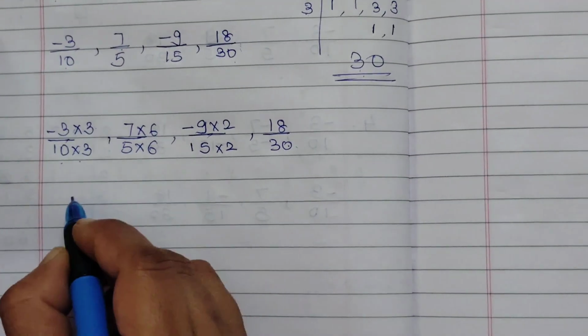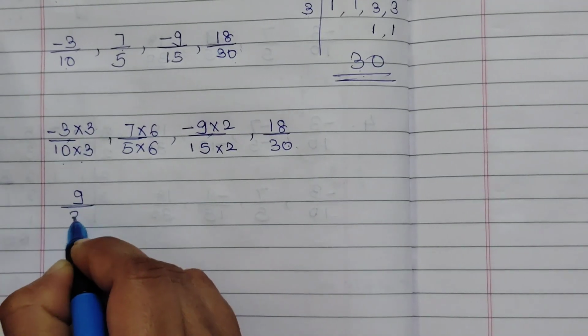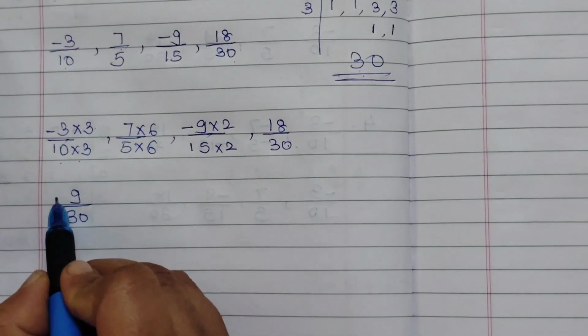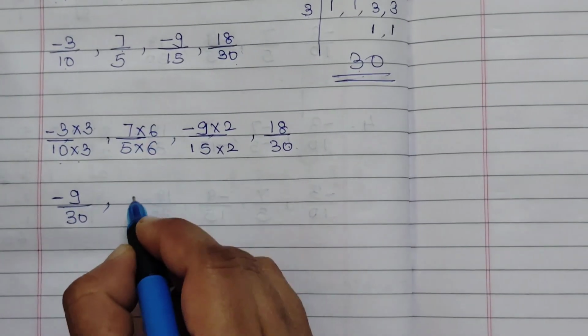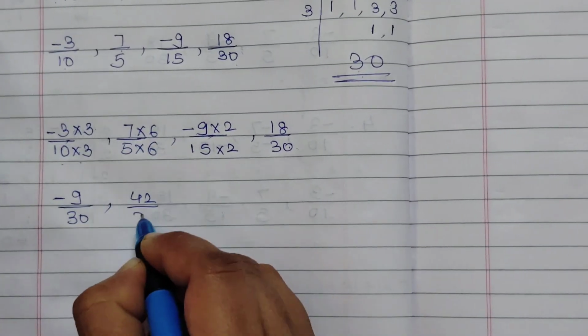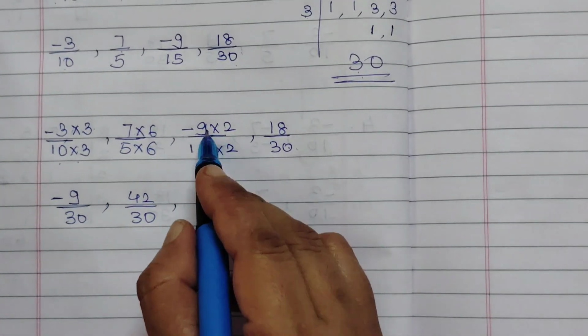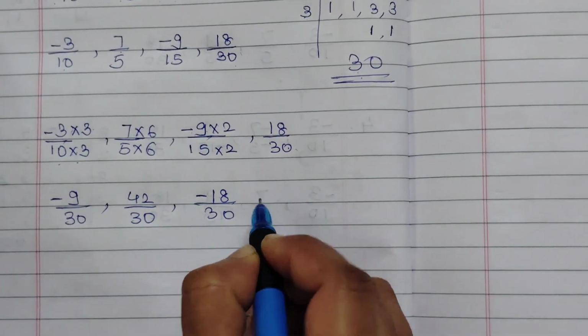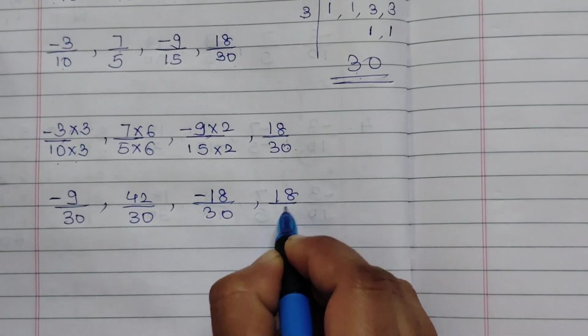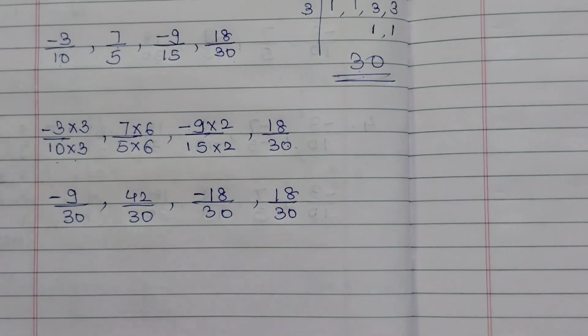Now here 3 3s are 9 upon 10 3s are 30, and you have a minus sign over here. Next 7 6s are 42 upon 30. 9 2s are 18, and we have a minus sign, upon 30, and here we have 18 upon 30.